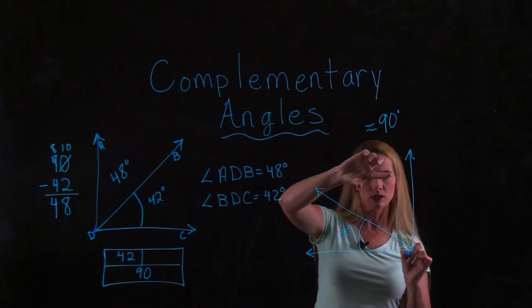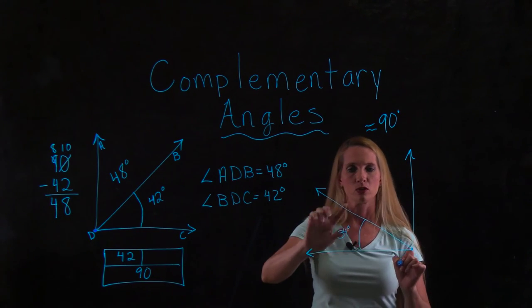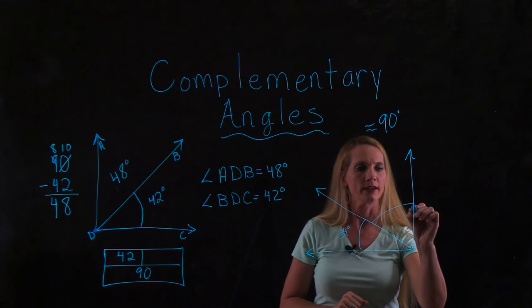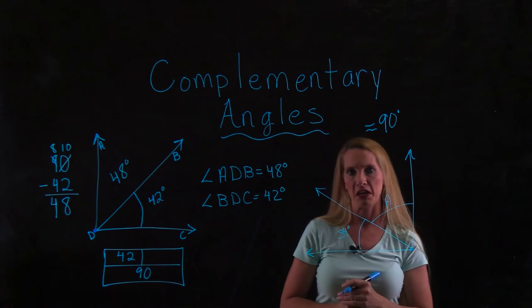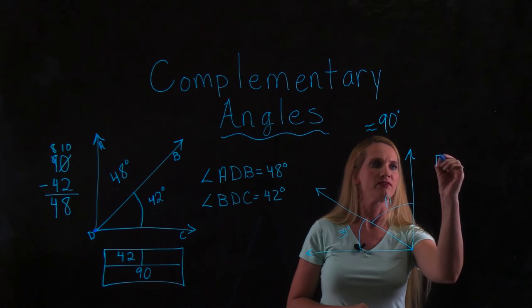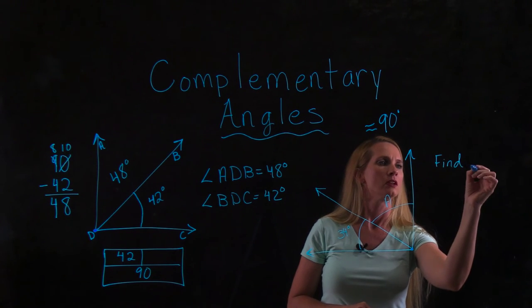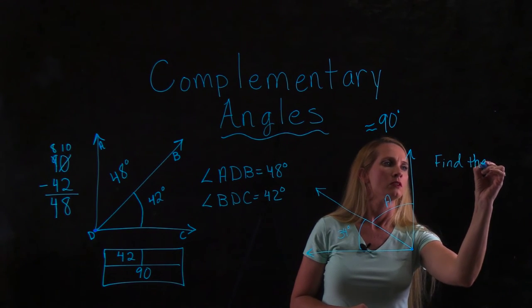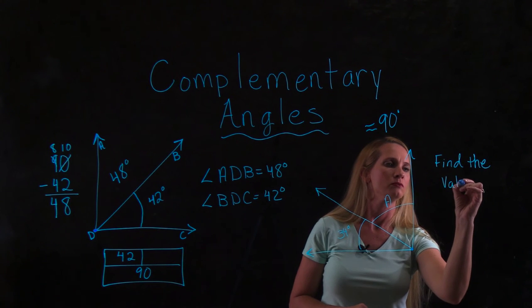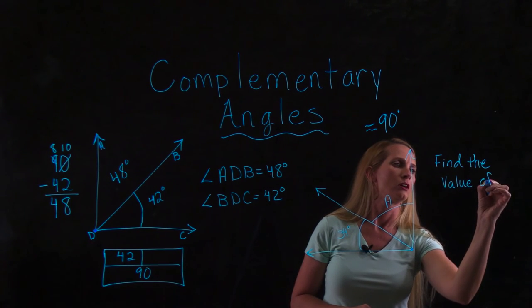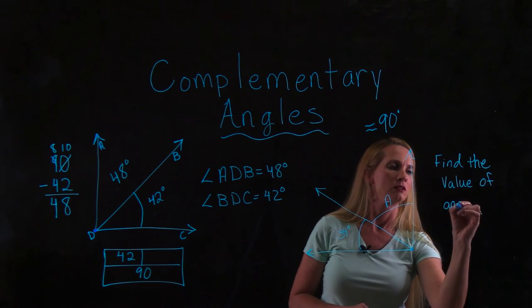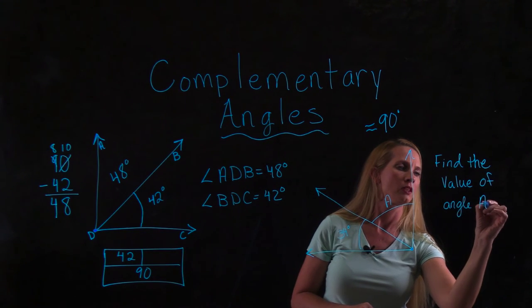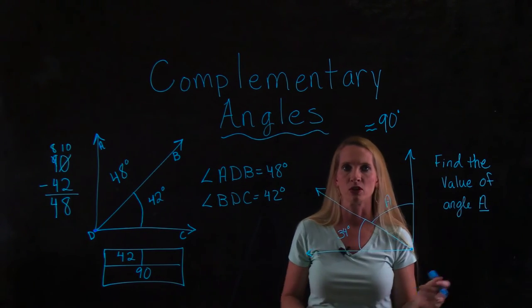Here's one angle, here's another angle. It may just be a little line like this and say A. And then over here it may say find the value of angle A. That's all it may ask you.